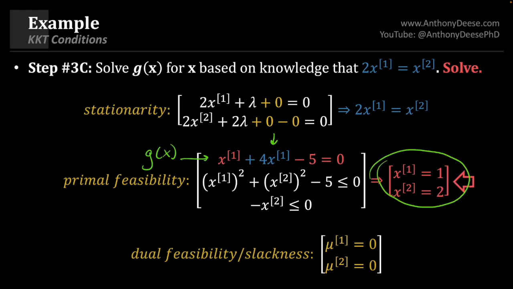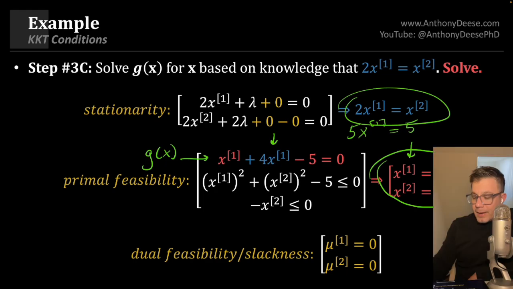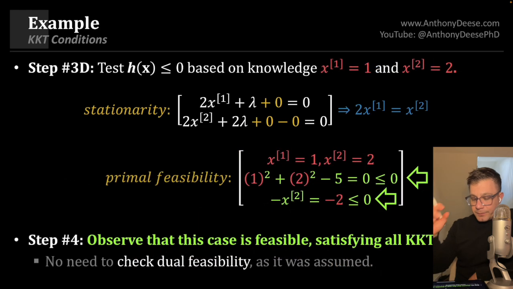Okay, first we would solve for x1 because we have 5x1 equals 5, so obviously x1 is equal to 1, and then x2 would be twice that, so we end up with a value of 2. And now we have values for decision variables. We can plug them in here to these constraints and see if they're satisfied. If they are, then we could potentially have a viable solution.